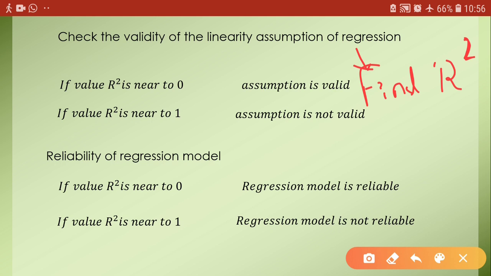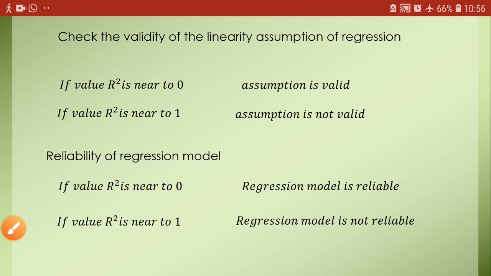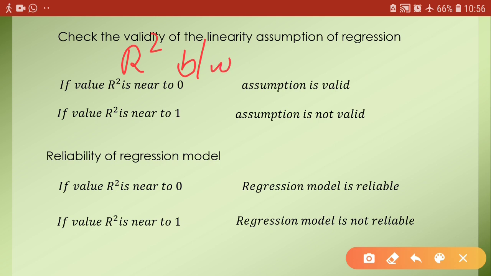So if I want to check the validity of the assumption of regression, I have to find r square. We have decided that r square should be between 0 and 1.